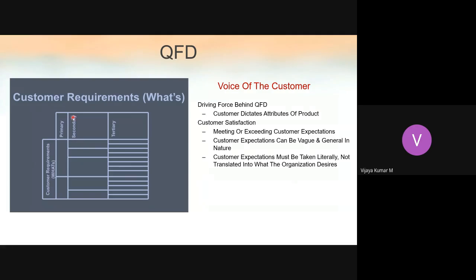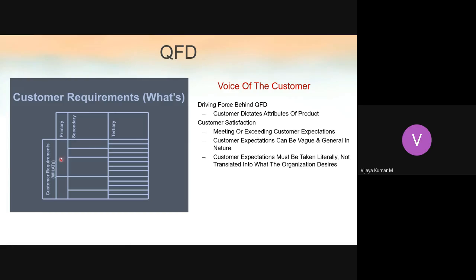This is very important information for developing the house of quality, because your QFD, quality function deployment, purely depends upon these customer requirements. If anything goes wrong at this stage, the hard work you have done is in vain.